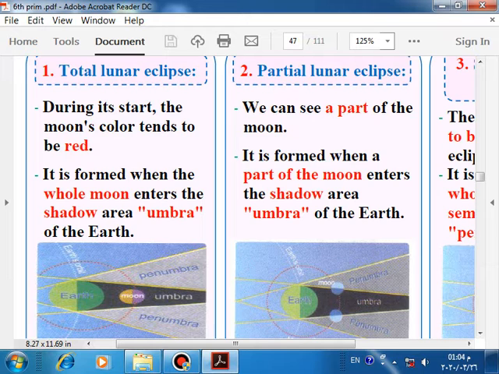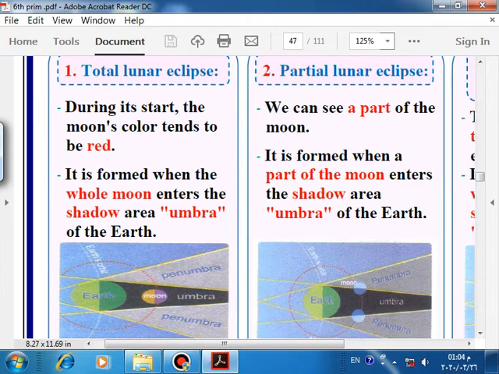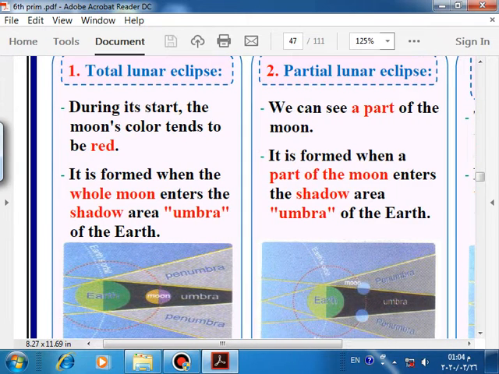Again, what are the types of the lunar eclipse? First, total lunar eclipse. Second, partial lunar eclipse. In the first, the whole moon enters the umbra of the earth and its color tends to be red.